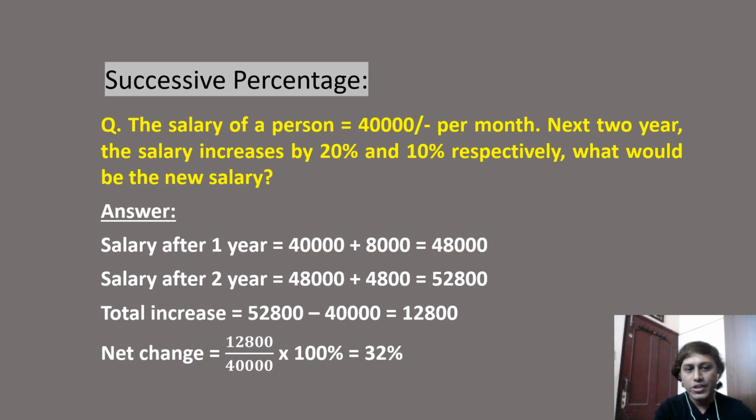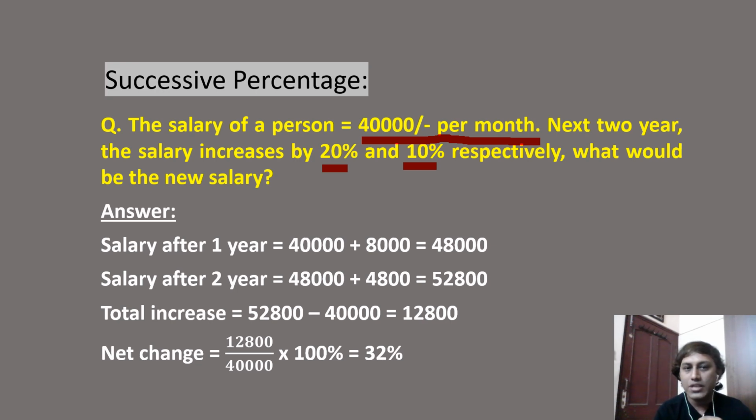Look at this question. The question is saying the salary of a person was 40,000 per month, right? Next year, the salary increases by 20% and 10% respectively. What would be the new salary? Guys, so original salary was 40,000.